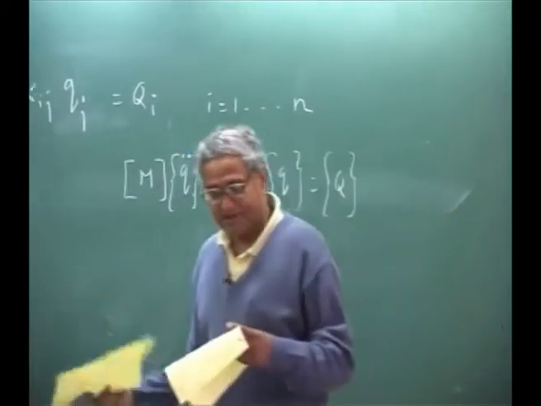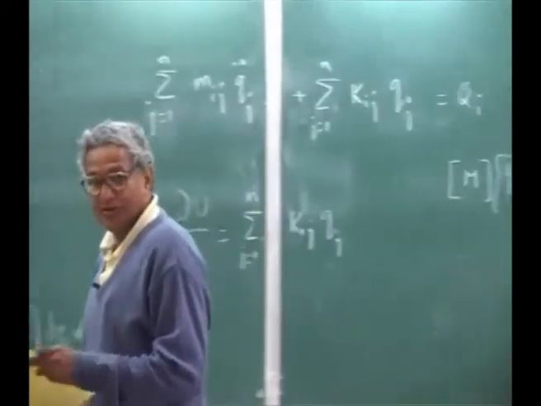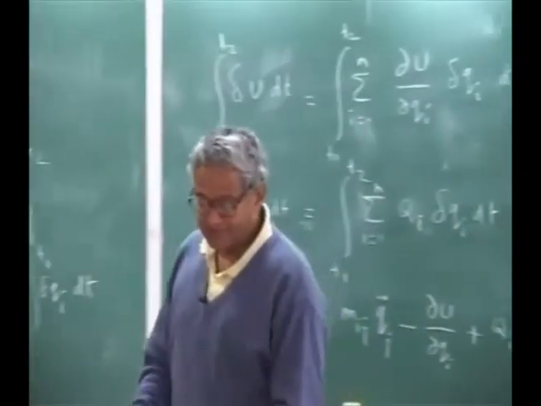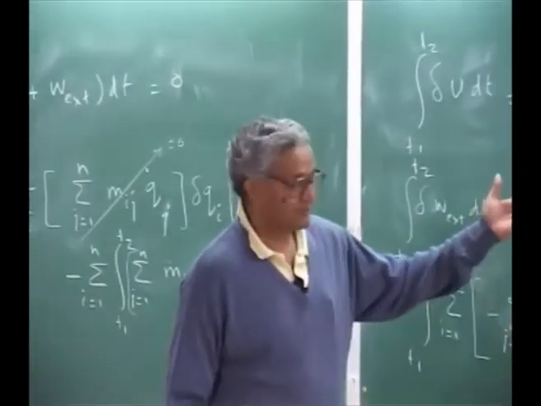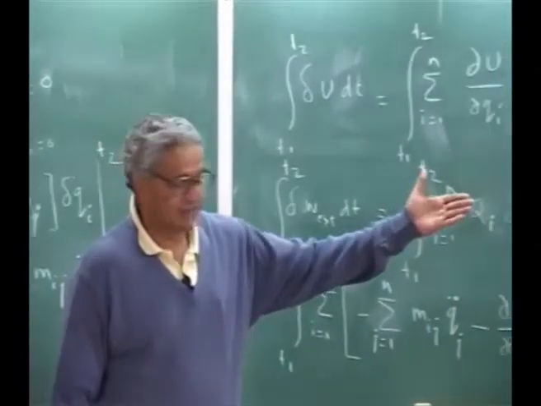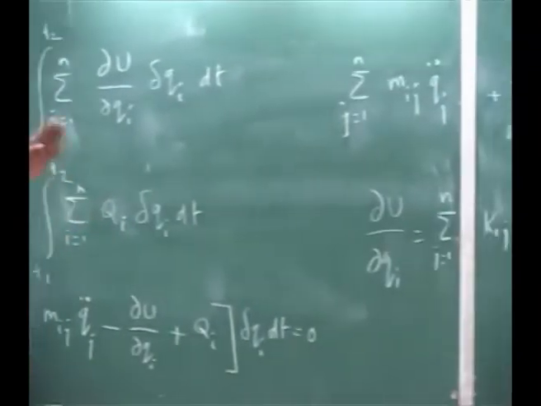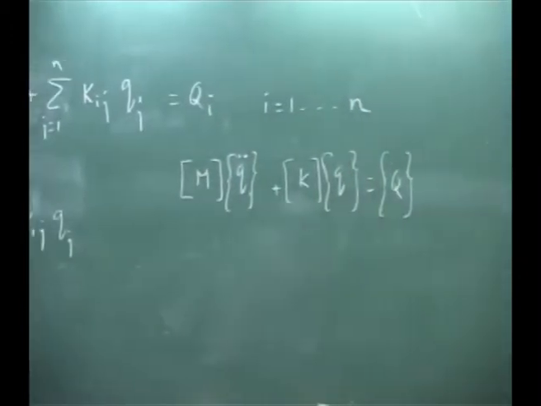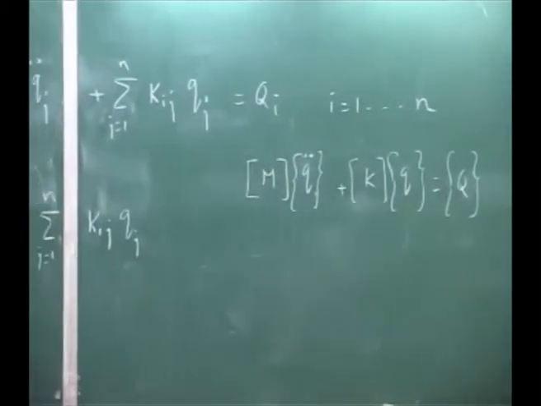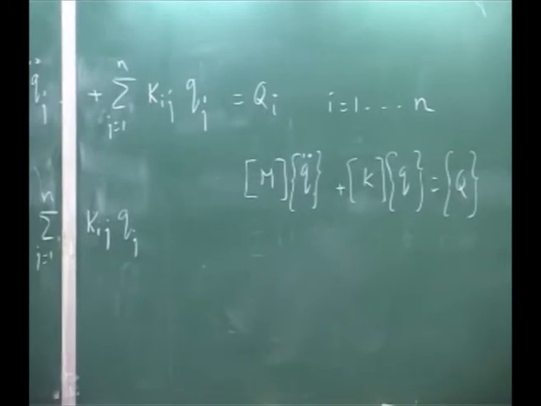Now you can get the solution. So you know that M and K represent the mass and stiffness matrix of the system. Q is the generalized force. Once you get the q, you can go back and substitute in your deformations. You will get all the deformation of the system.